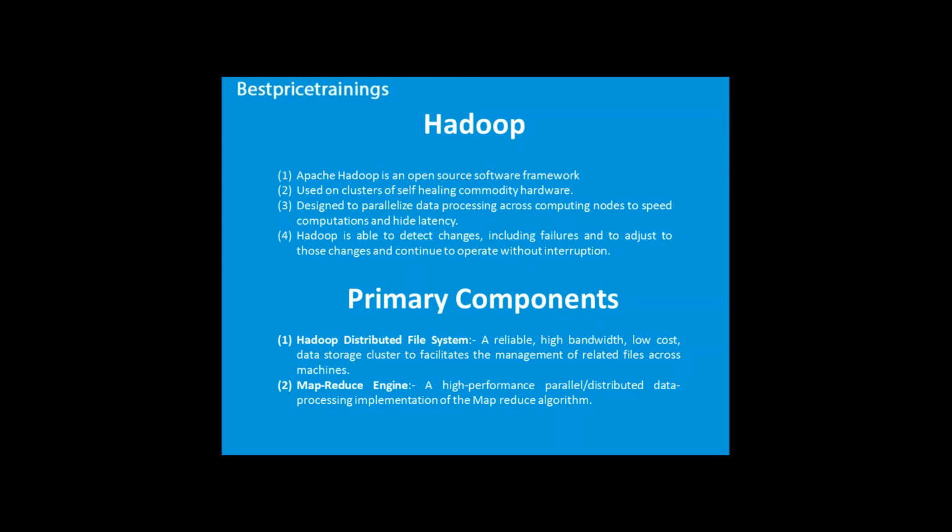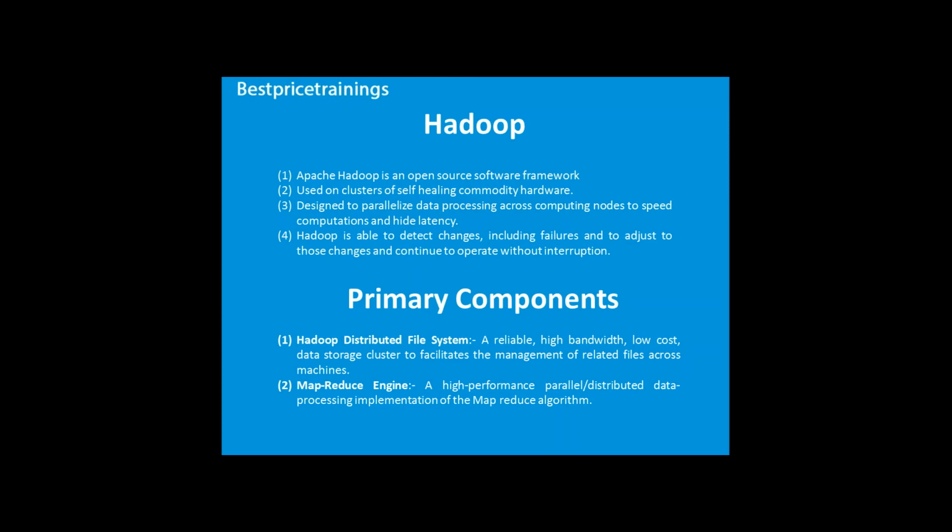As we know very well, Hadoop is basically used to address the challenges of data storage and data processing. So there are two important components of Hadoop: the Hadoop Distributed File System and the MapReduce engine. The Hadoop Distributed File System is basically a storage structure, and MapReduce is basically a programming methodology.